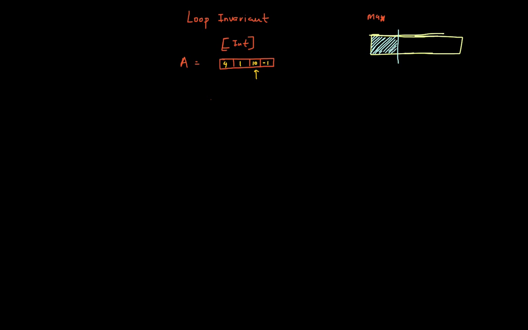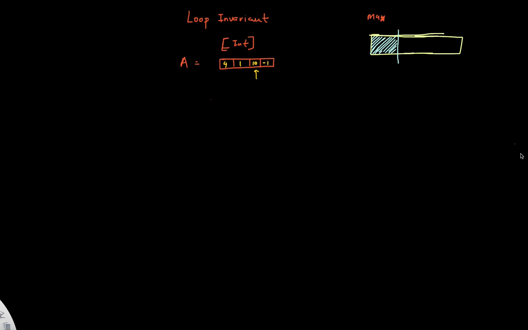To get the max of the entire list, I would like the entire list in yellow to be covered by the blue region, because only when the entire list has been traversed will max contain the maximum of the entire list.